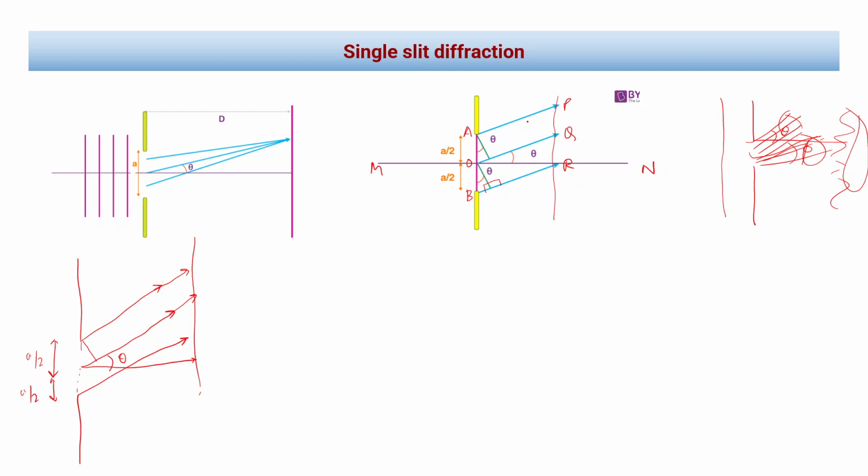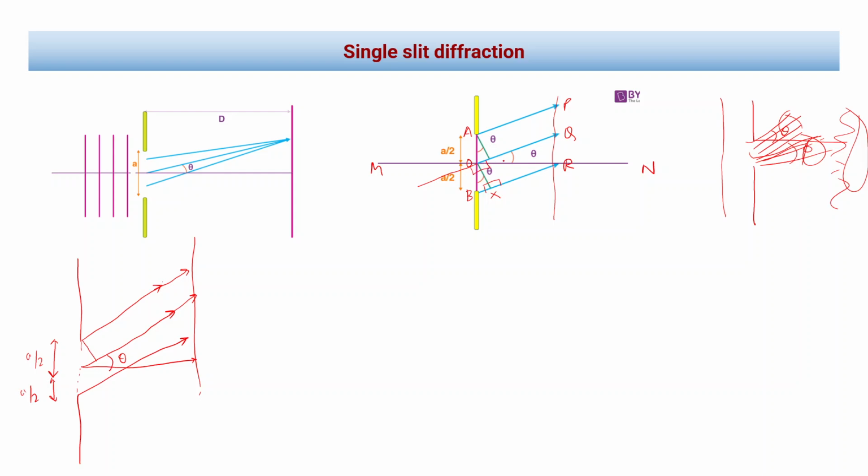Let me name this also, let me call it X. So this OX is perpendicular to BR also. If I extend this, I can show you that since these are parallel, this line that I am drawing, which is perpendicular to BR, is also perpendicular to this OQ line. I hope that is clear.